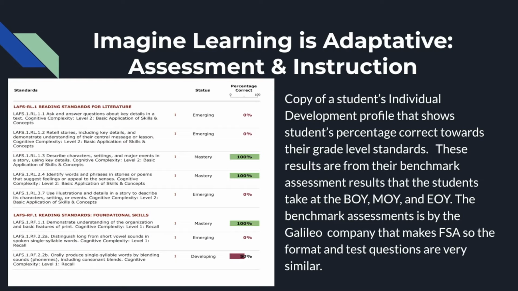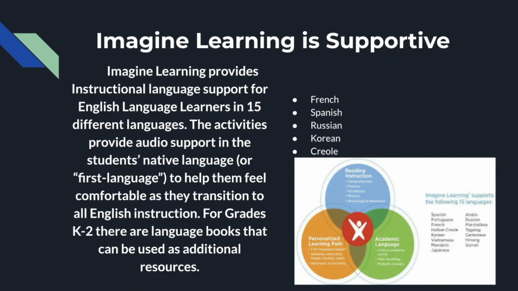So you can see that developing is 50%, emerging is 0, and mastery starts at 70 all the way up to 100%. Again, this is just one report that we can look at through the benchmark assessment results.